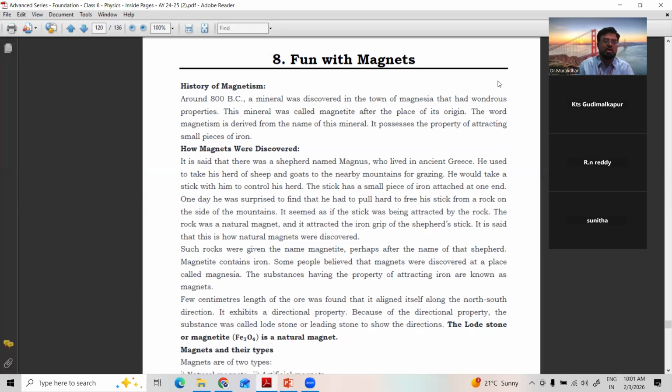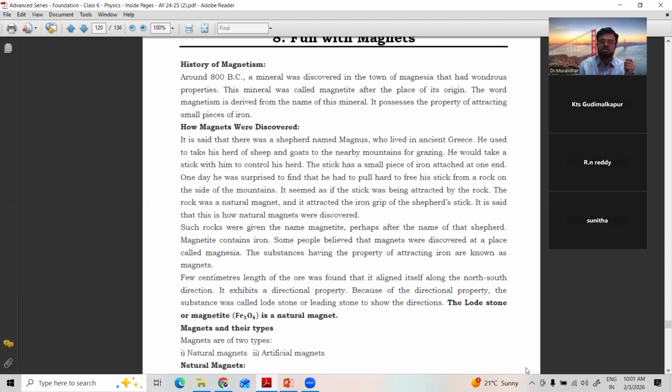First, we learned about the history of the magnet, where magnetism first started around 800 BC, which means almost 2826 years back. The word magnet was used by Greek philosophers, observed by a shepherd.